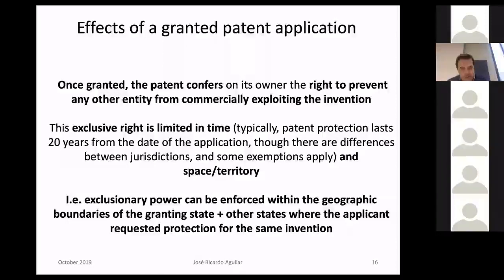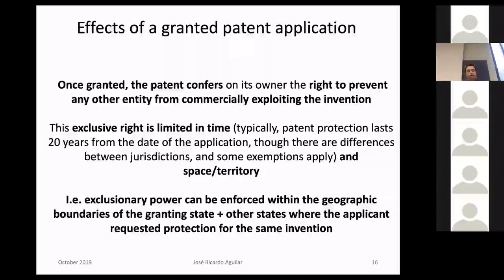It will be refused due to the lack of novelty. But nevertheless, if you do not apply for protection internationally, you can face the competition of other entities elsewhere, apart from the territory that you designated for protection. So, only in the countries that you apply for protection, you are entitled to that monopoly.